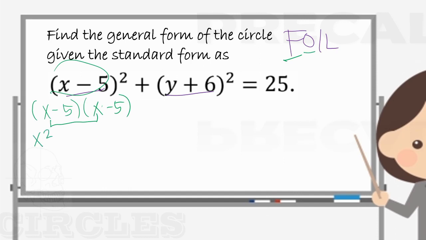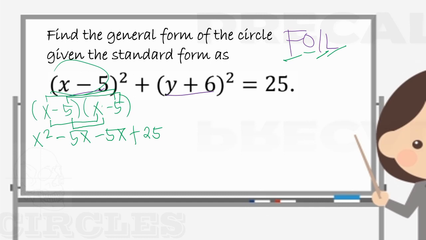And then, yung outer, x times negative 5 is equal to negative 5x. And then, yung inner, negative 5 times x is equal to negative 5x. And then, multiply the last terms. So, negative 5 times negative 5 is equal to positive 25.